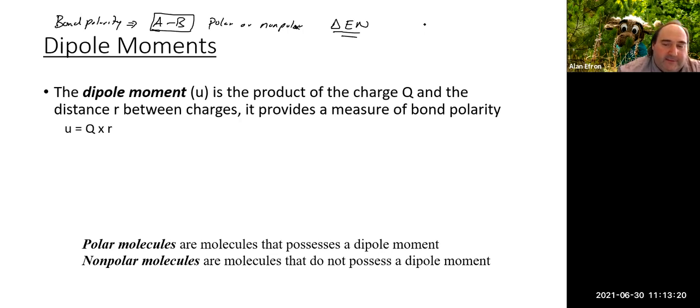So we have something like HF versus say H2. Here they have the exact same electronegativity values of 2.1 each, which gives a difference of 0, which means this is a nonpolar bond.